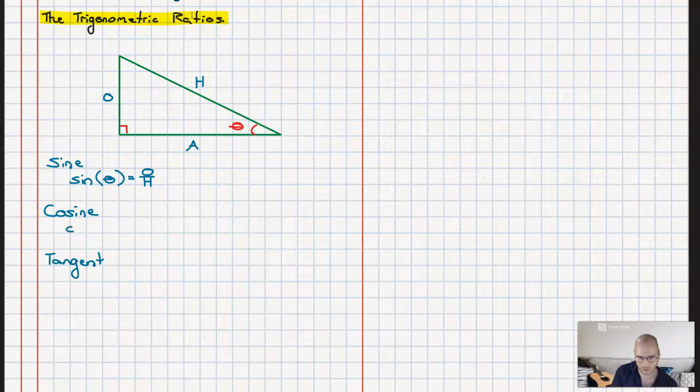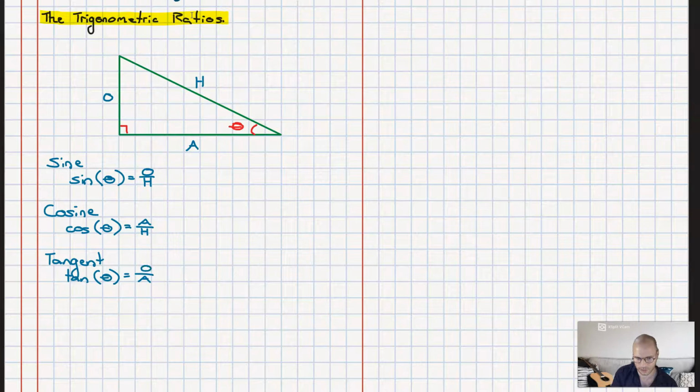For the cosine, we have cos theta, and cos theta is the ratio between the adjacent and the hypotenuse. And finally, the tangent is defined as tan theta, and it's the ratio that the opposite makes with the adjacent side.